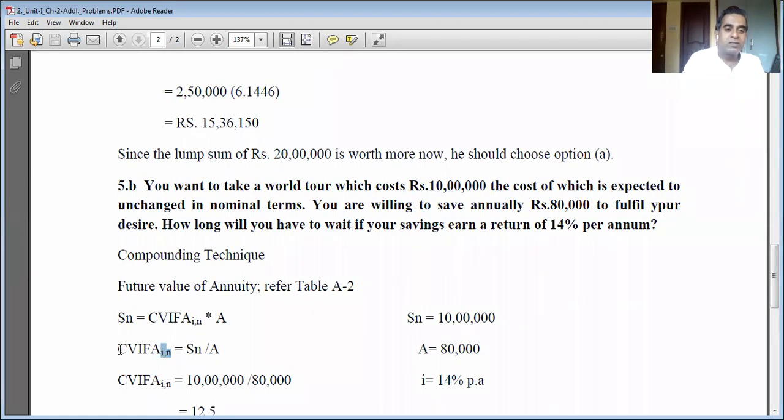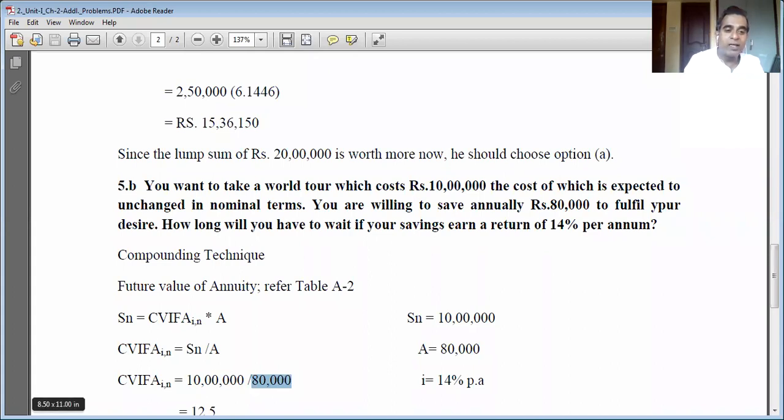CVIFA is the compound value interest factor of annuity. If I want this value, I need to know the value of n. But there is a method where I rewrite the equation: CVIFA is equal to Sn divided by A. Sn, the future value of annuity, is 10 lakh rupees, given in the problem, divided by the annuity of 80,000 rupees each year.